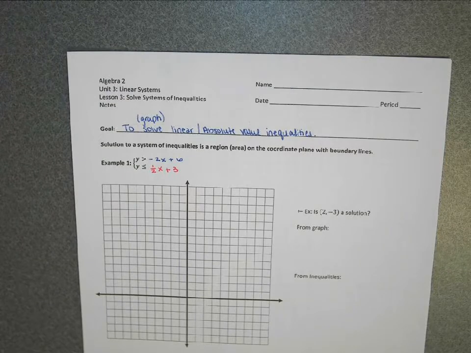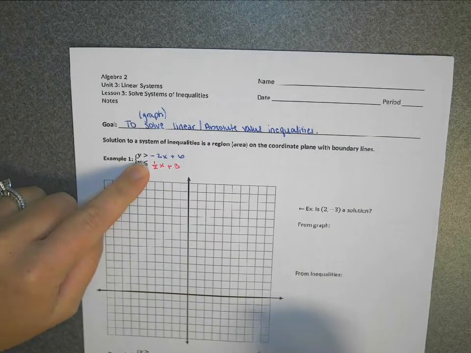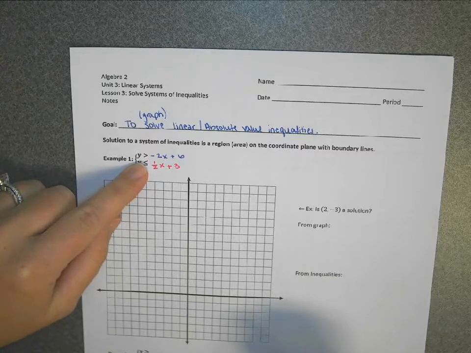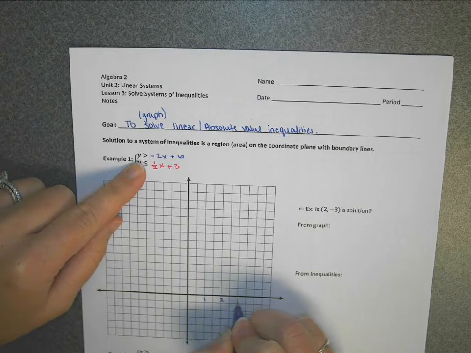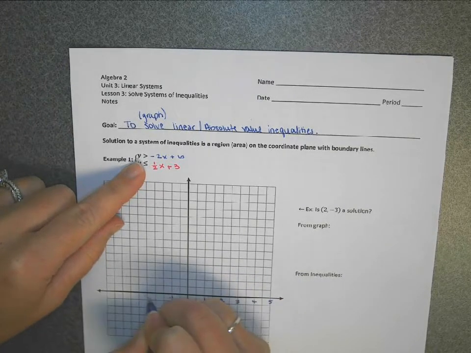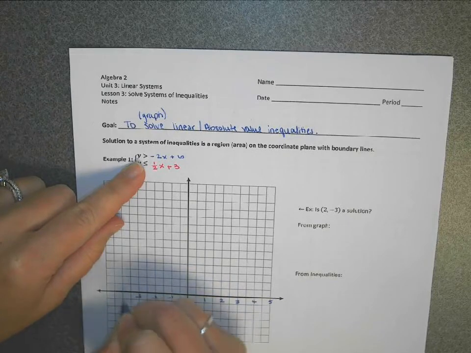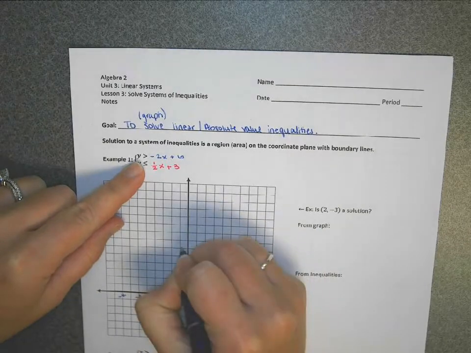Now, I have to go about graphing these. So y is greater than negative 2x plus 6. When I go to graph that, I'll just make these go up by 1/2 on both the x and the y.